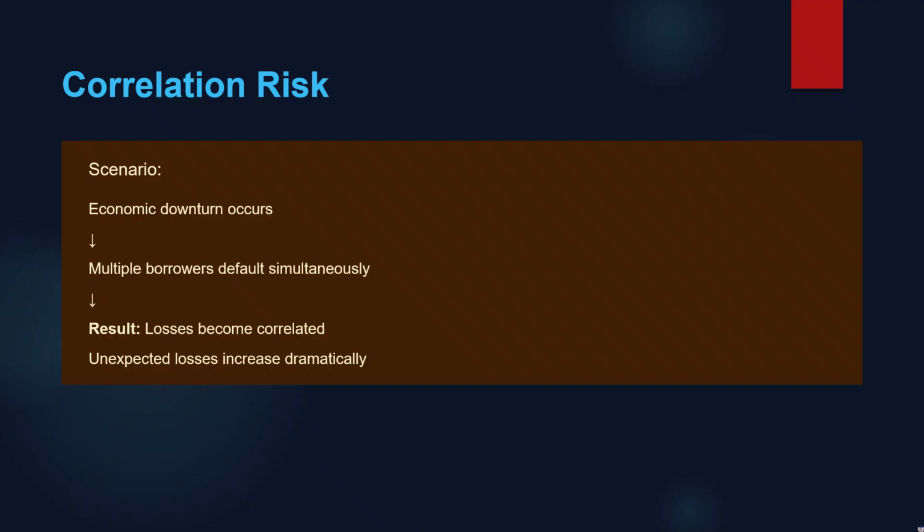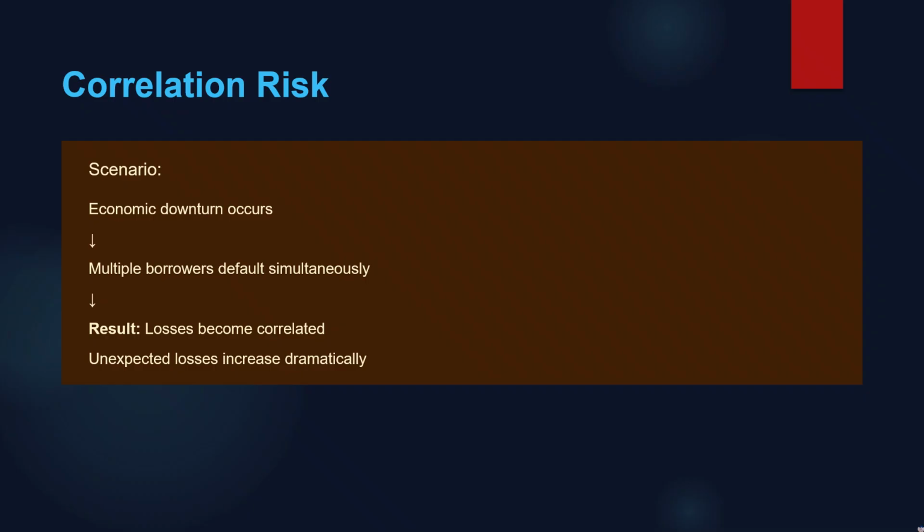Let me explain why this matters. If defaults were independent, meaning one borrower's default does not affect others, unexpected loss would be relatively small due to diversification. In a portfolio of 1,000 loans, some borrowers default, others don't, and it averages out.